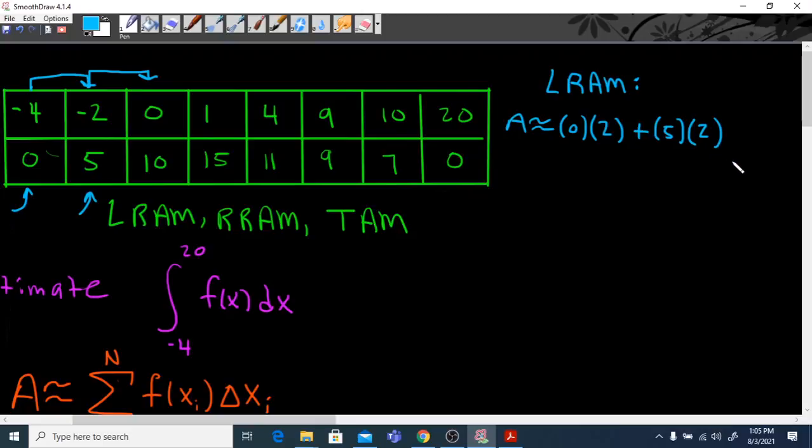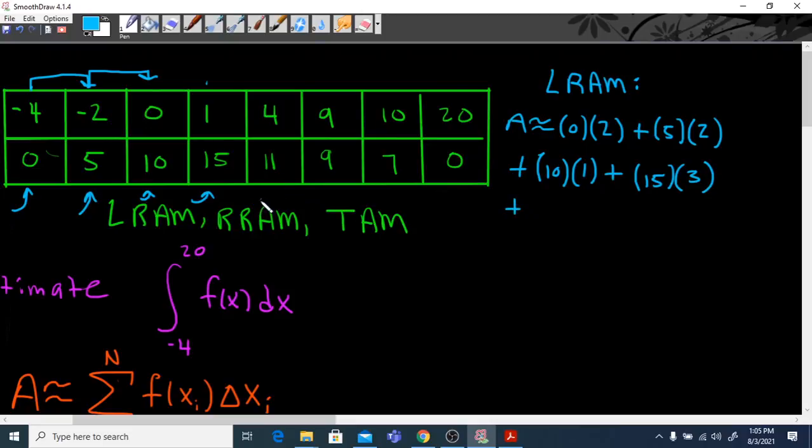Next, plus. We're just going to keep doing this. The y value there is 10, and the width, 0 to 1, is just 1. Plus, the y value is 15, and the width is 1 to 4, so that's 3.